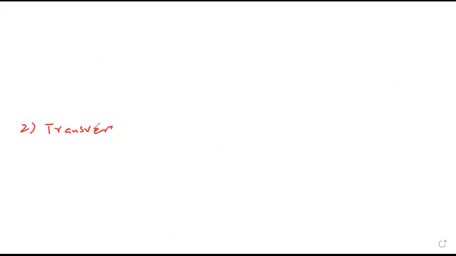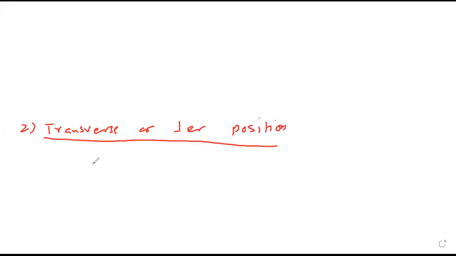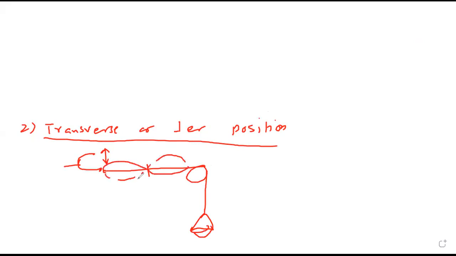Transverse or perpendicular position. Here prongs of the tuning fork are made to vibrate perpendicular to the length of the string. In this case, frequency of tuning fork is the same as the vibrating string.